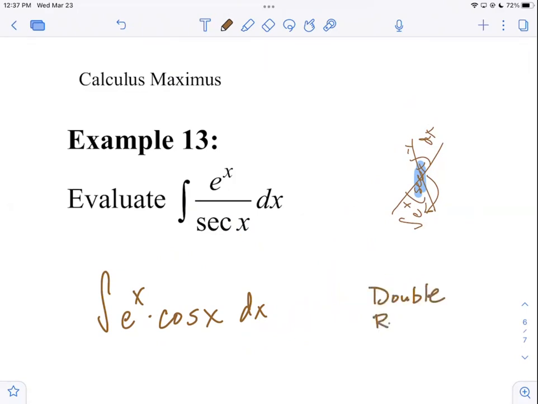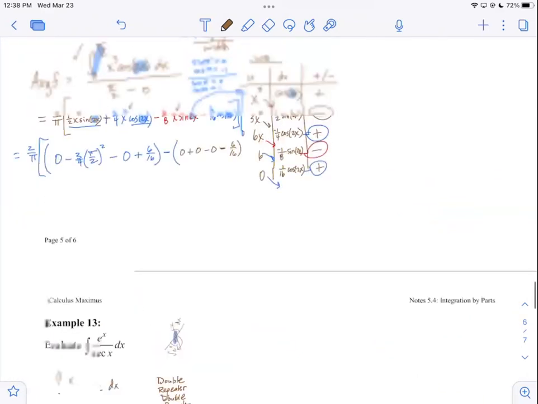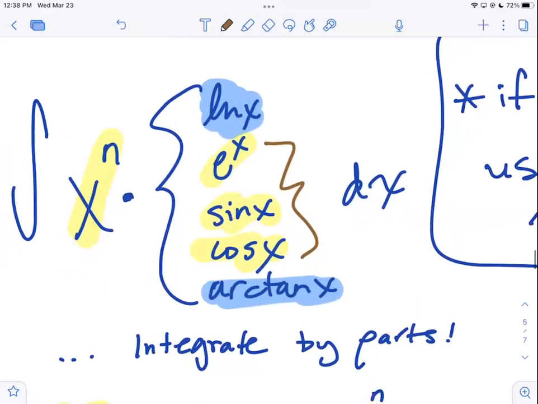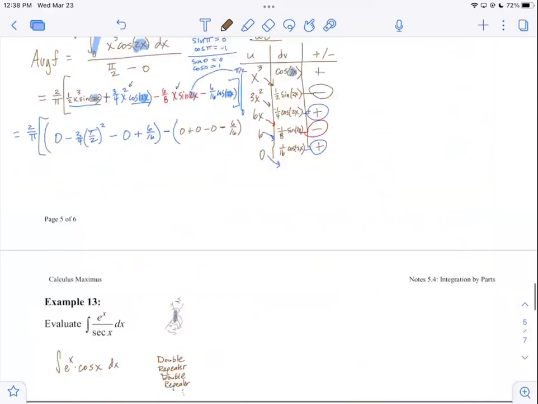Repeat means to say again, so a double repeater would mean to say it 4 times. And by repeater, I mean this right here. The e to the x, sine of x, and cosine of x, they get caught up in a cycle. They're cyclical. You can keep going indefinitely.